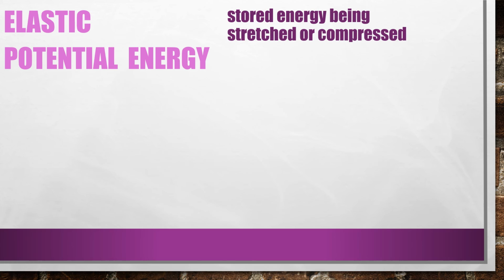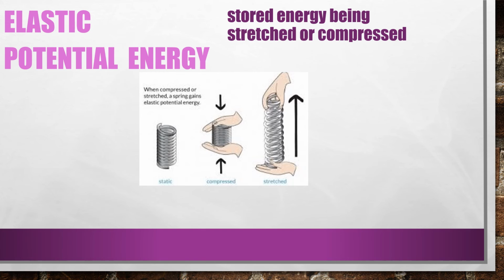Another one that the book talks to us about as we finish up here is elastic potential energy. And elastic potential energy is found in several different things. So it's called the stored energy, but it's either when the elastic part is stretched or when it's compressed. And a lot of people don't think about the compressed aspect when it comes to elastic potential energy, but it is actually found in both, right?